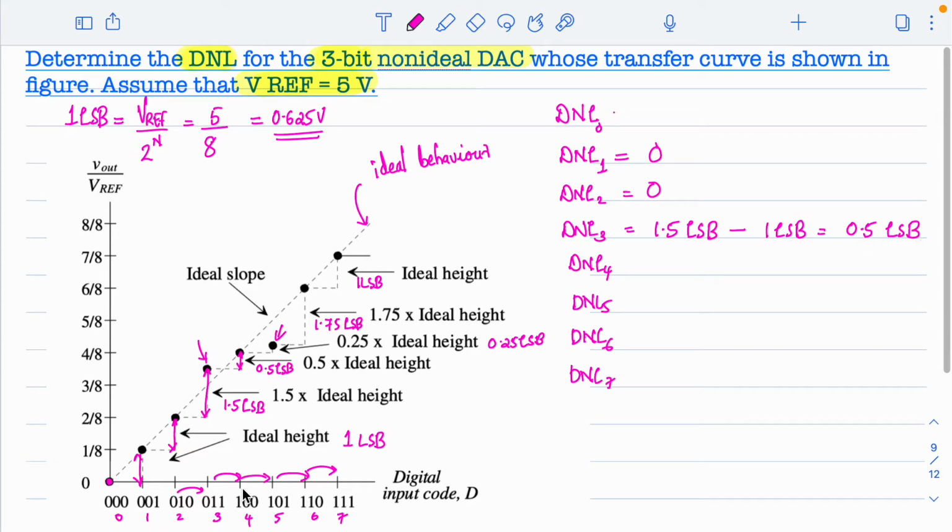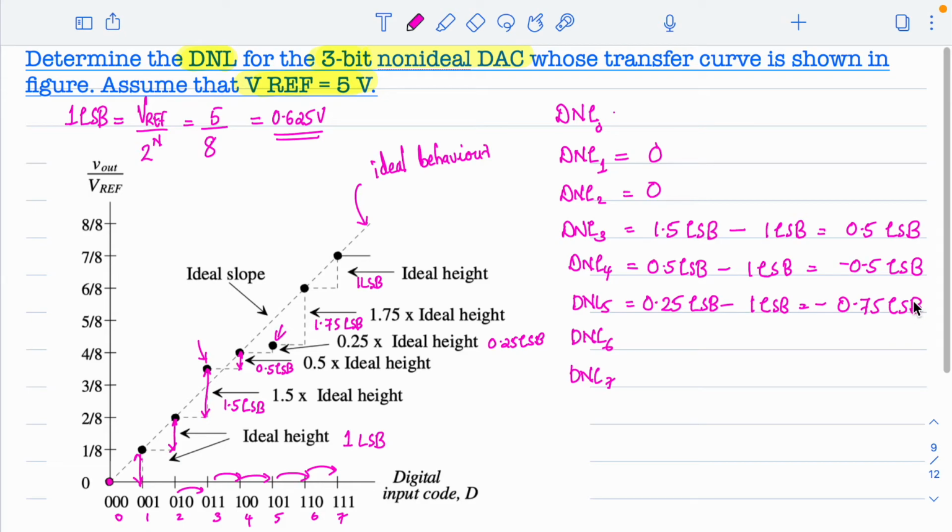Now what about DNL 4? For DNL 4, 0.5 LSB is the actual height. So 0.5 LSB minus 1 LSB is equal to minus 0.5 LSB. This is the DNL for the fourth input digital word. Now for 5, the height is only 0.25, so DNL 5 is 0.25 LSB minus 1 LSB, which is equal to minus 0.75 LSB.